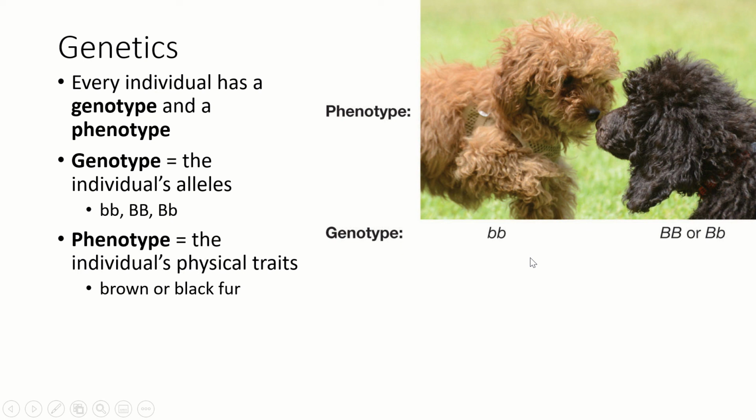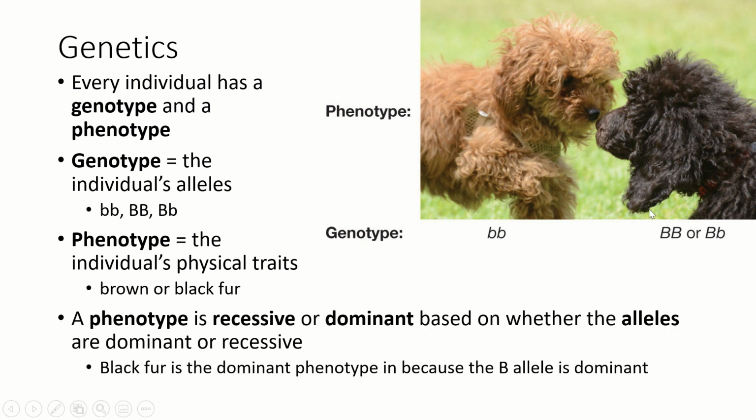Okay, we're going to assume everyone has the normal number of chromosomes. But for the individual with the dominant phenotype, that is the black fur, you don't always know because you don't know whether they have 2 dominant alleles or 1 dominant allele and 1 recessive allele. Interesting, right? That's going to be important later. We're going to do some work with that.